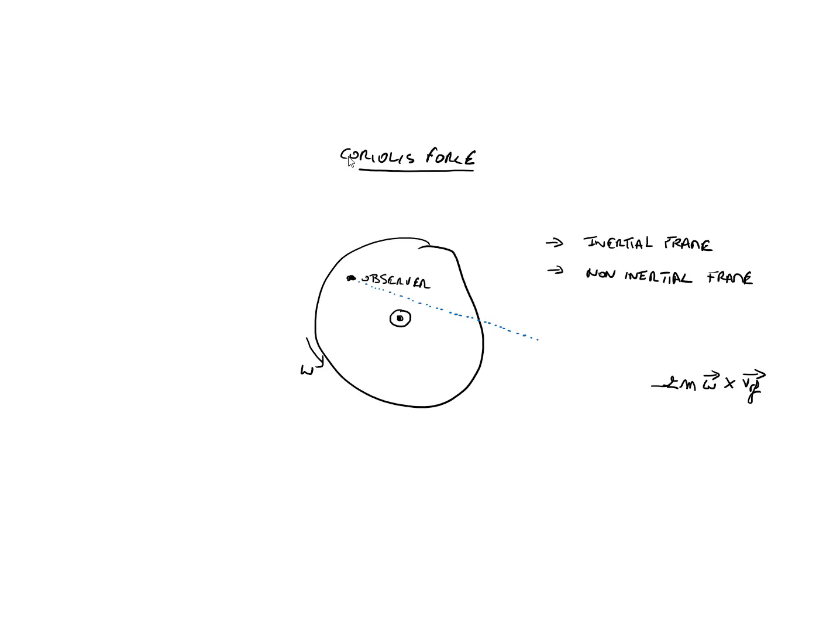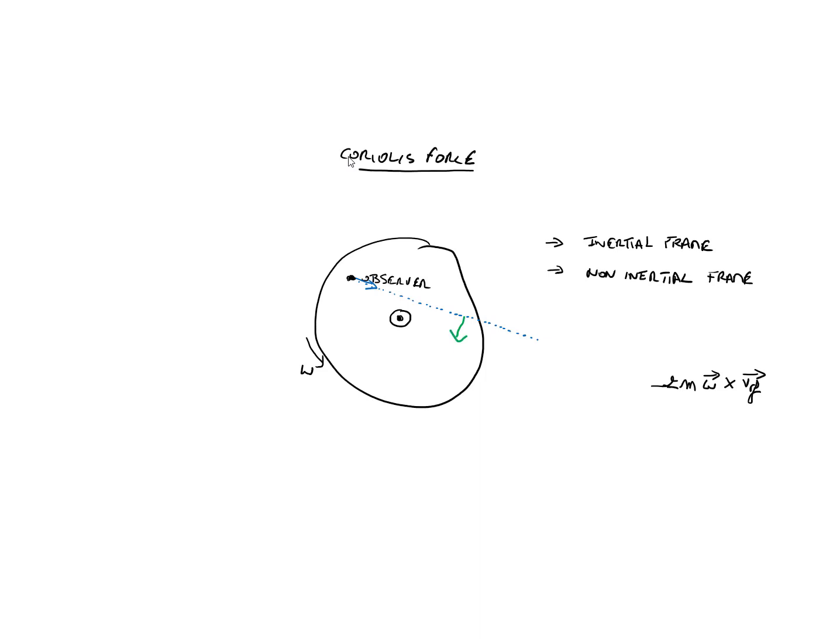So this is the trajectory seen by someone in the inertial frame, for instance, looking from above. The direction of velocity in the rotating frame is this direction. The vector of rotation is sticking out of the page, so the Coriolis force will be perpendicular to the rotation axis and the velocity vector in the rotating frame. So it will be pointing in this direction.